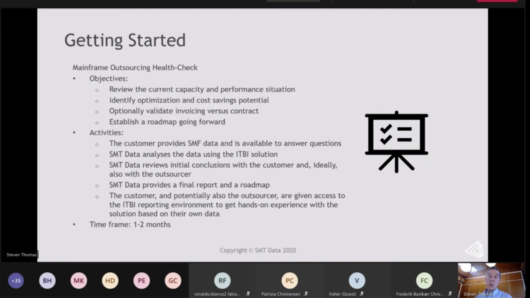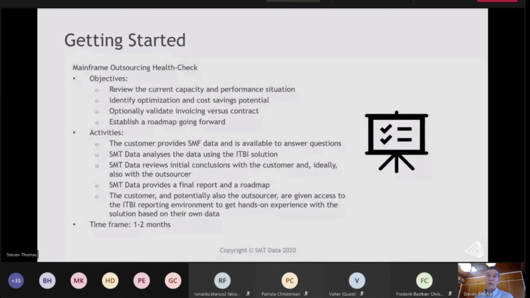So one of the things that we provide to help out customers on this is an offering we call the Mainframe Outsourcing Health Check, where the objective is really to go in and review the current outsourced situation based on some real data, identify optimization potential, optionally validate any invoices, and establish a roadmap going forward.